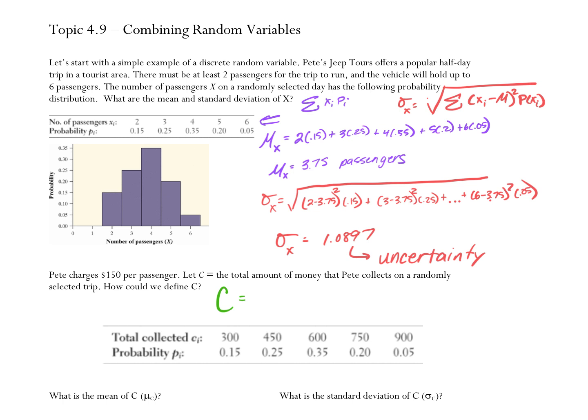So really, C is equal to 150 times X. So X as a random variable is my number of passengers. C is going to be the amount charged for those passengers. But since he's charging the same amount for each person, what I've just done is multiplied this distribution by a constant. Everybody good?